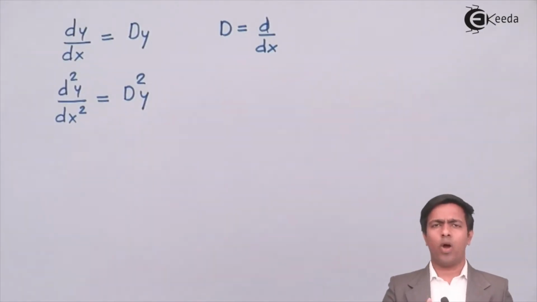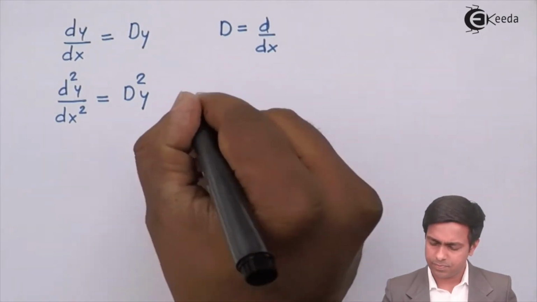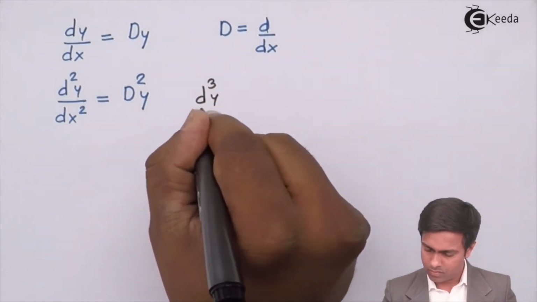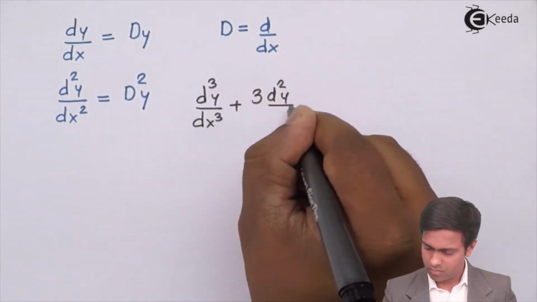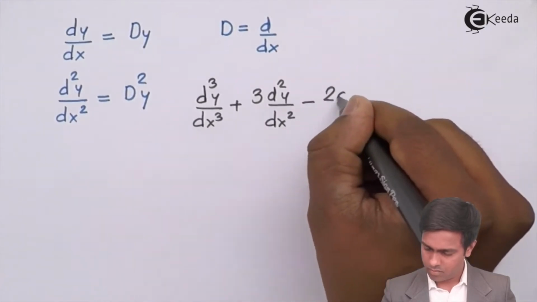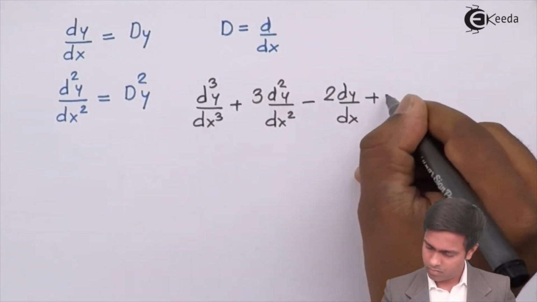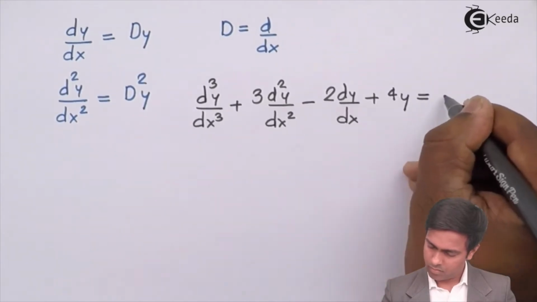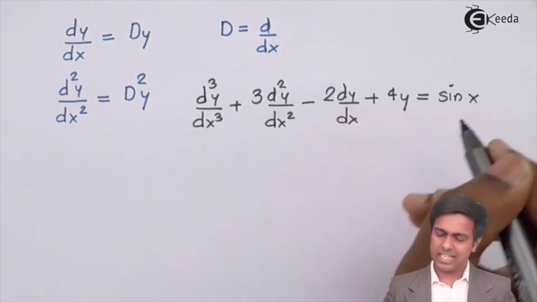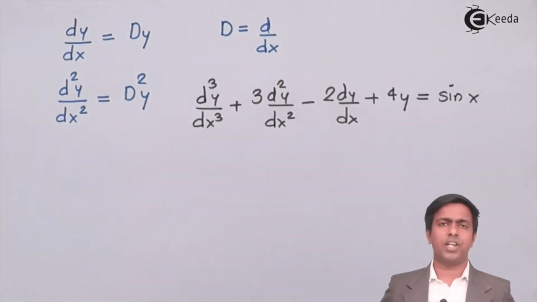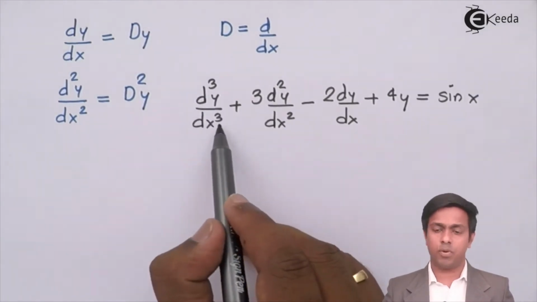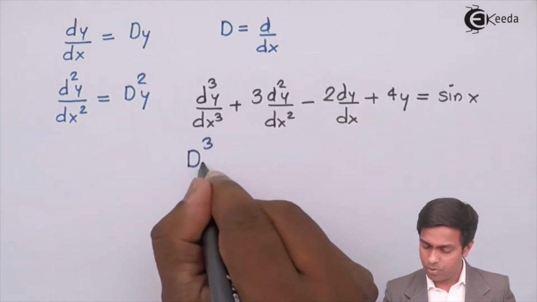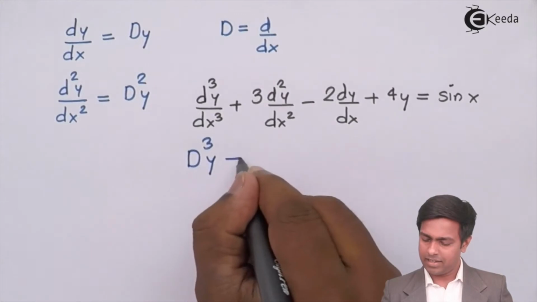So let's assume one higher order differential equation. This is the higher order differential equation with constant coefficient. So let's apply the rule. So according to rule, we'll replace this d cube y by dx cube by D cube y. Then this 3 as it is.